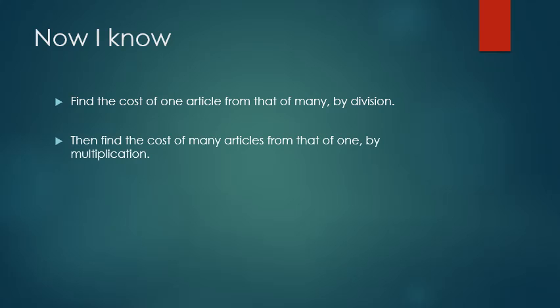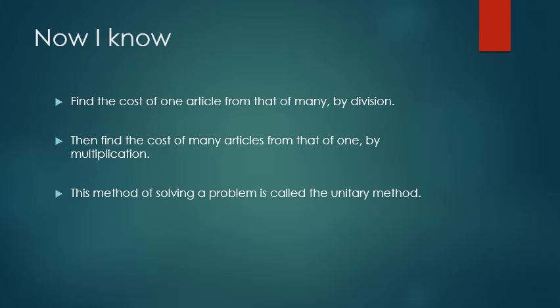In this unitary method, you need to find the cost of one article from that of many by division. Then you need to find the cost of many articles from that of one by multiplication. This method of solving a problem is called the unitary method. In the first example, 15 bananas cost 45 rupees.